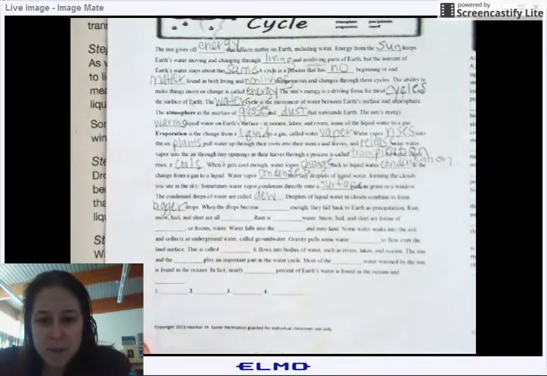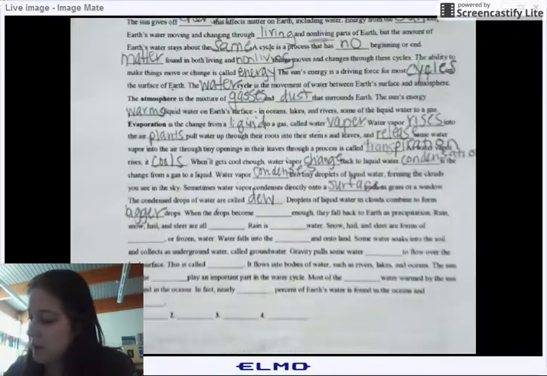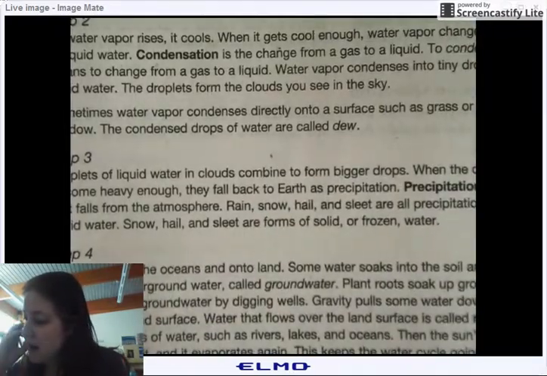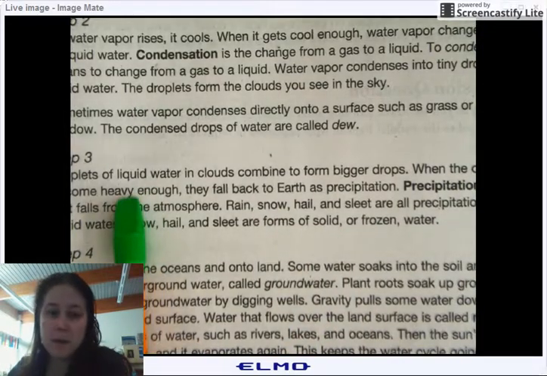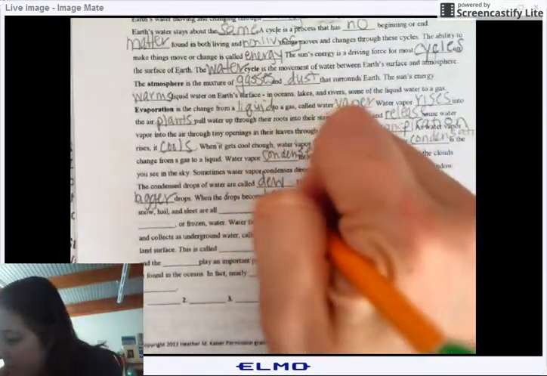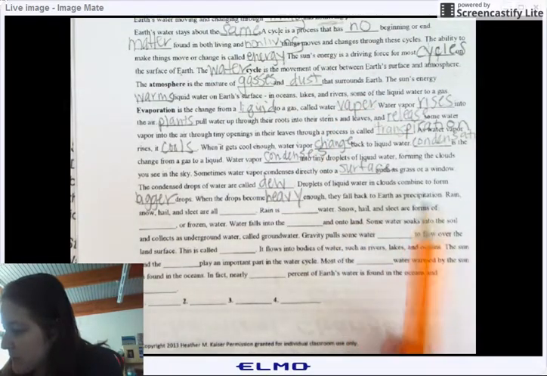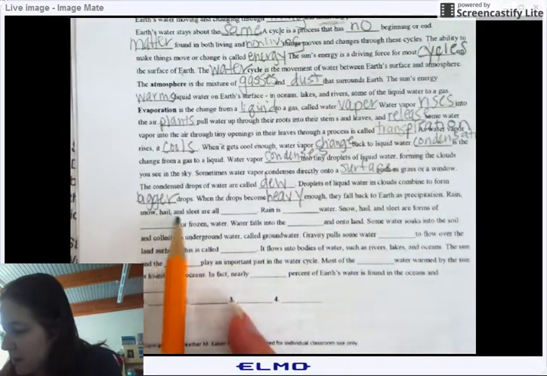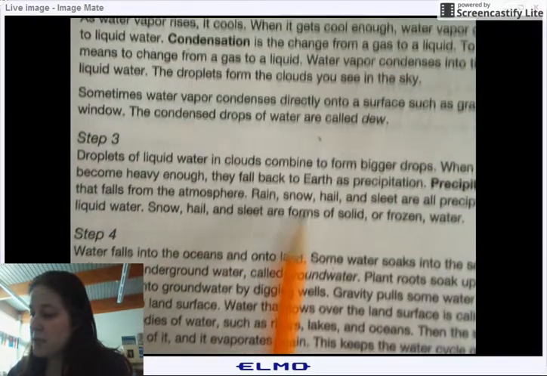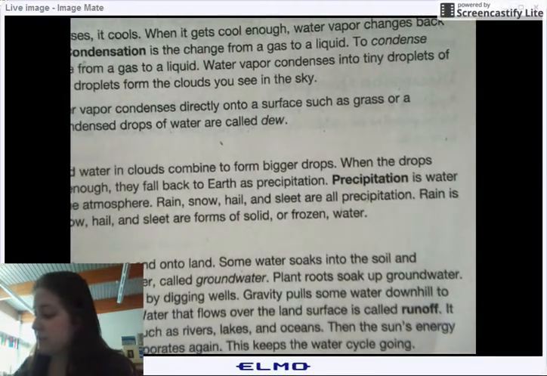When the drops become blank enough, heavy enough, they fall back to Earth as precipitation. Rain, snow, hail, and sleet are all precipitation.